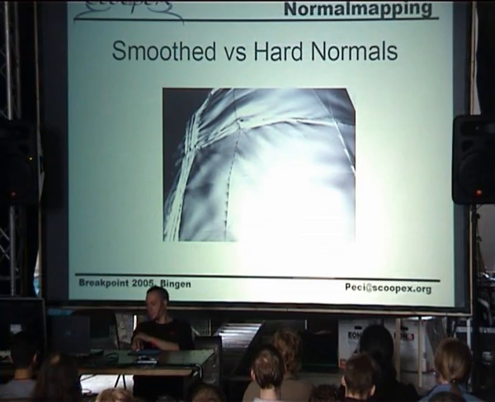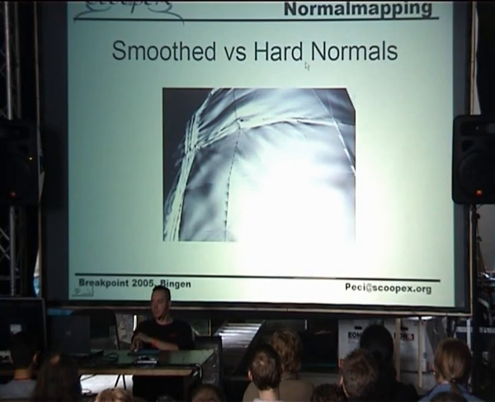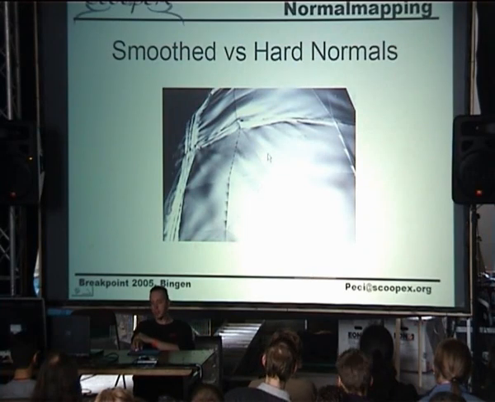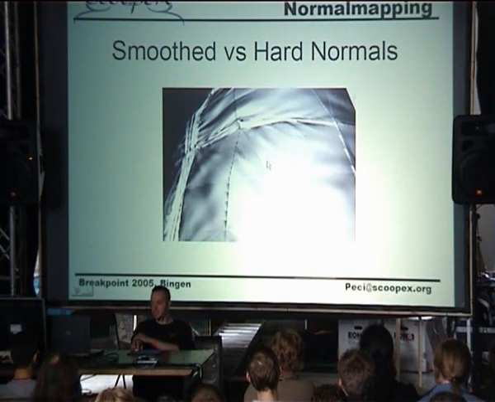This shows an example where I used hard normals. With hard normals, I mean just flat, what you would get when you flat shade it. So I have a normal per triangle, and although in theory it should work, and it would work with an older engine or a software engine, with today's hardware there are problems because of sub-pixel precision and filtering.